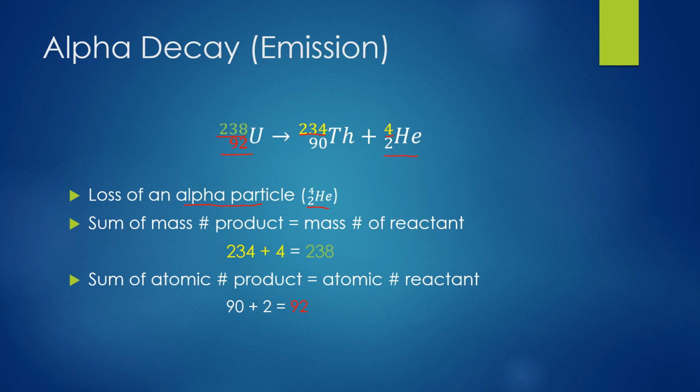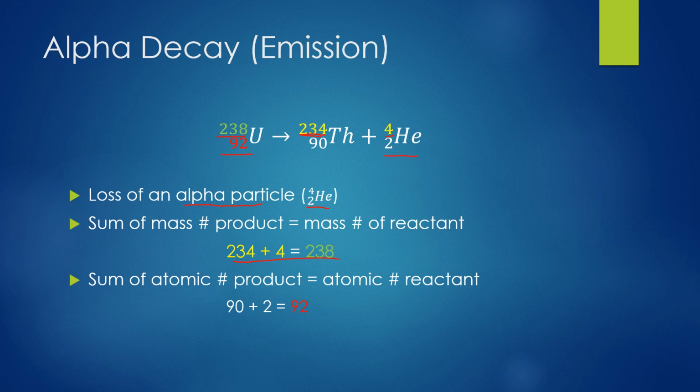Well, all of the mass numbers and the number of protons on the product side, once added together, need to equal the mass number and protons on the reactant side. So if I take this 4 from helium and I add the 234 to it, what I get is 238, which is the total mass number of the reactant.